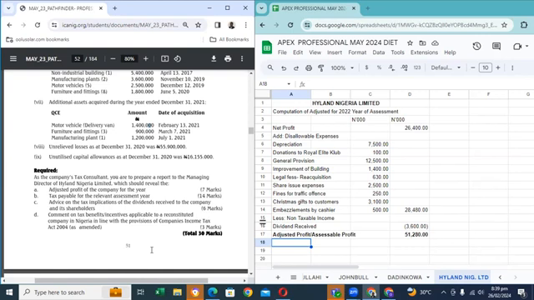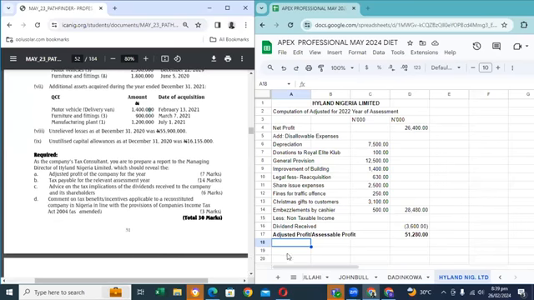Do you get? Yes, sir. So you have to work where the question asks you to work. So that's the second one. What does it ask you to do next? Taxable profit, tax payable for the relevant year.